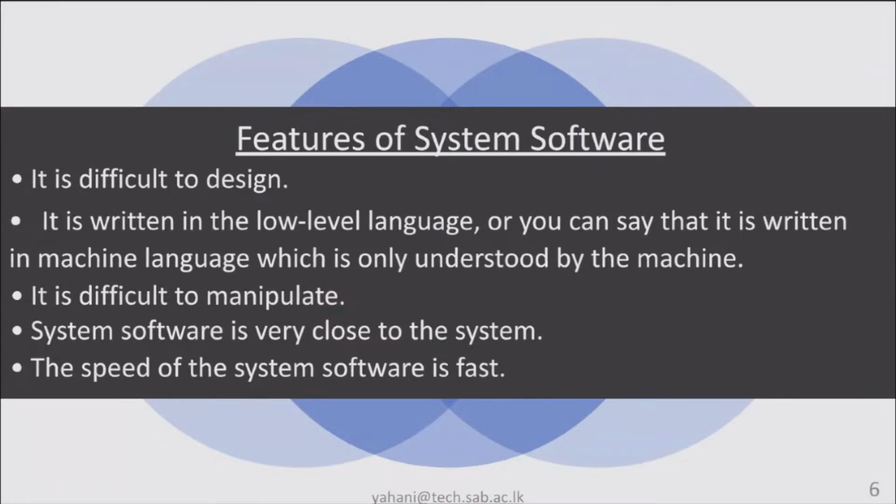Then it is written in a low-level language, or you can say it's written in machine language, which is only understood by the machine. What is machine language? Machine language is a language that machines can understand. You and I can understand Sinhala, English, Tamil, and so on, but computers or machines can't understand those languages.